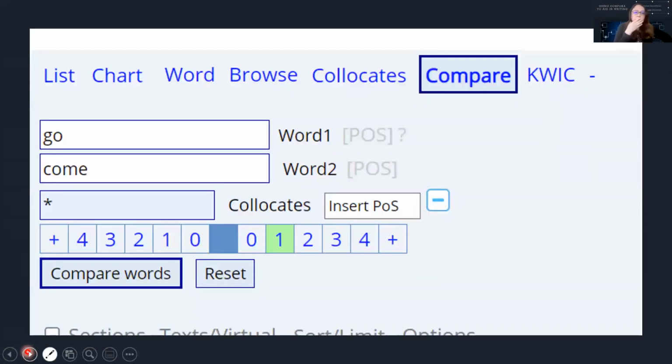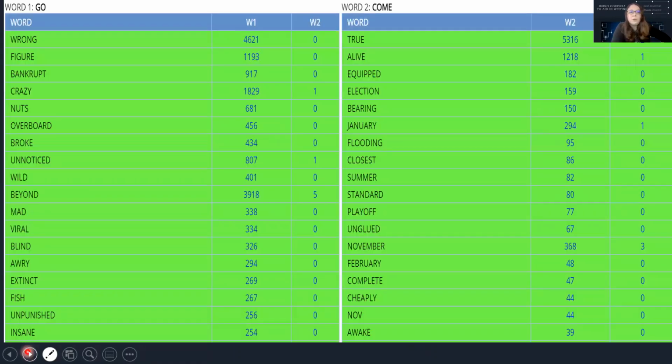So what we're going to do is another search, and we're going to look at go versus come. And what do you notice about go? Are these positive things that are associated with go or negative things associated with go?